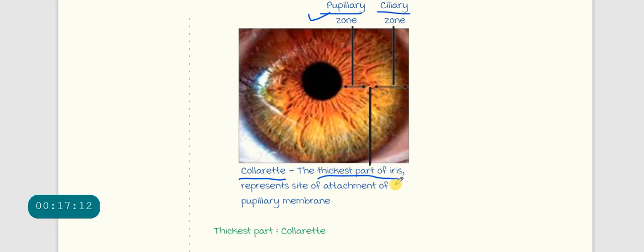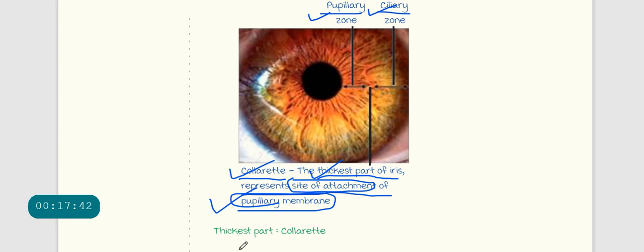Important: it is the thickest part of the iris and the site of attachment of the pupillary membrane. Two zones, pupillary zone and ciliary zone, and in between the collarette. Now the thickest part is the collarette and the thinnest part is the root of the iris.